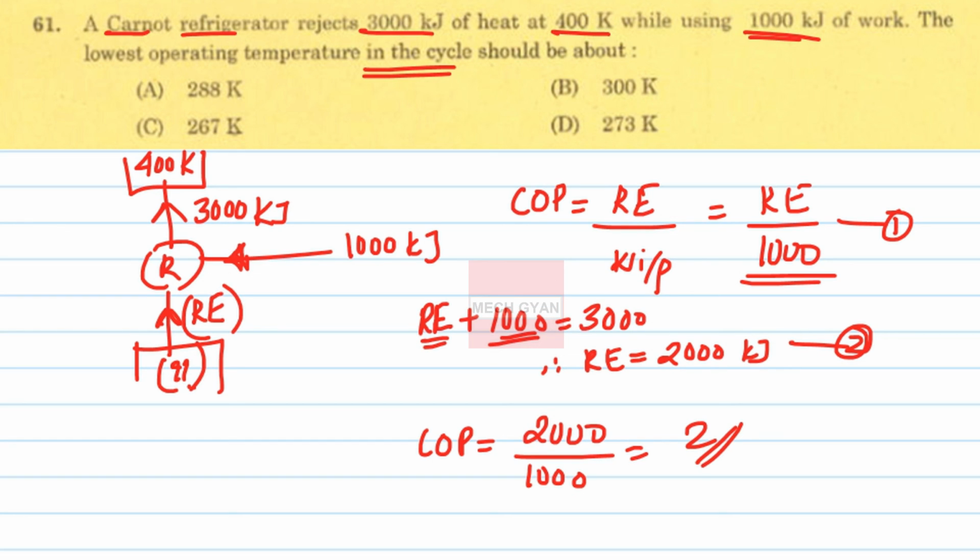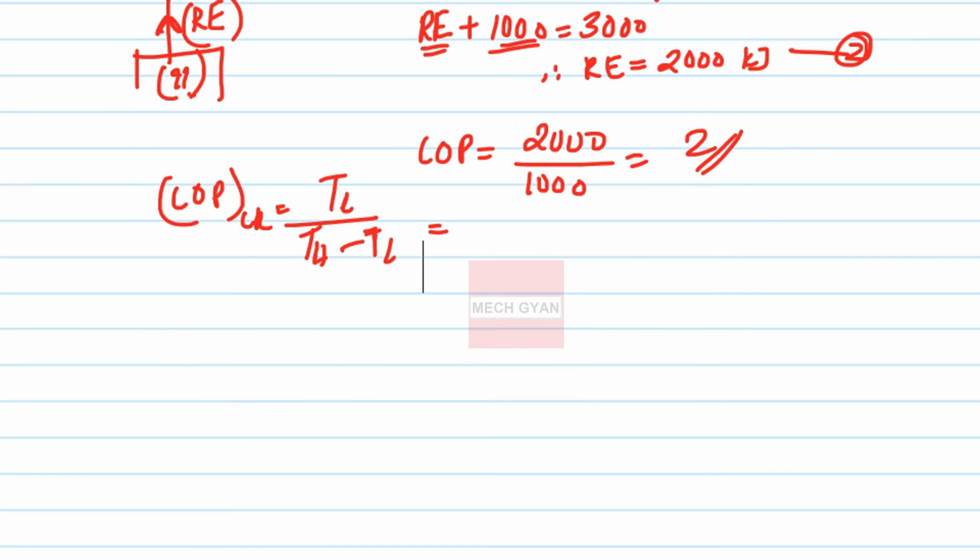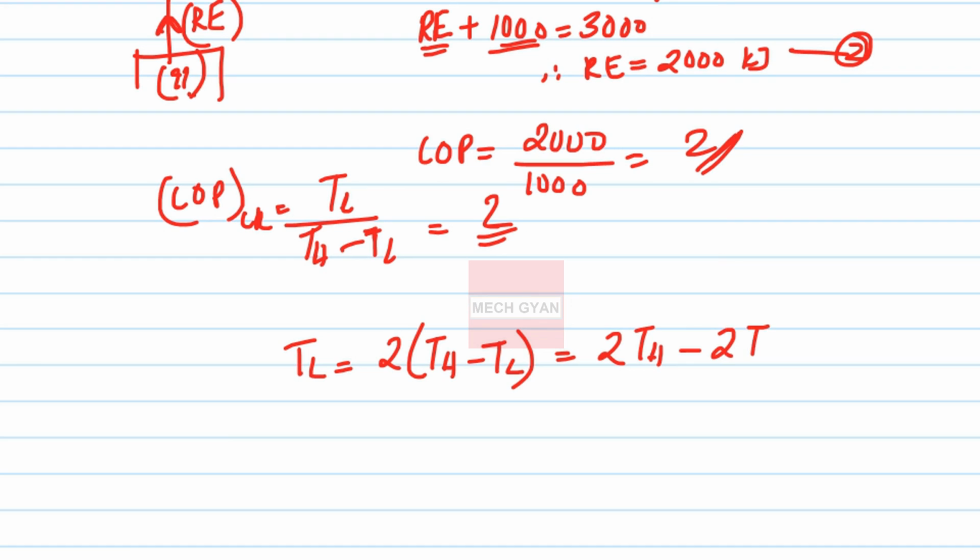Now they have told that it is a Carnot refrigerator. So we can write COP of a Carnot refrigerator as TL by TH minus TL, in terms of temperature, that is equal to 2 from here. Solving this, TL equals 2 times TH minus TL, that is equal to 2TH minus 2TL.